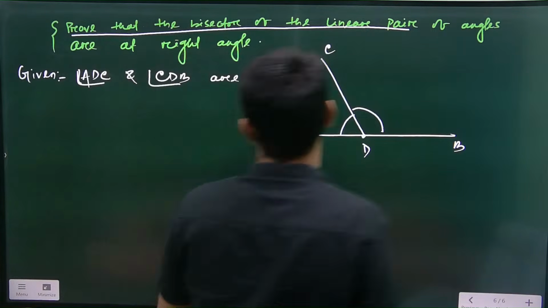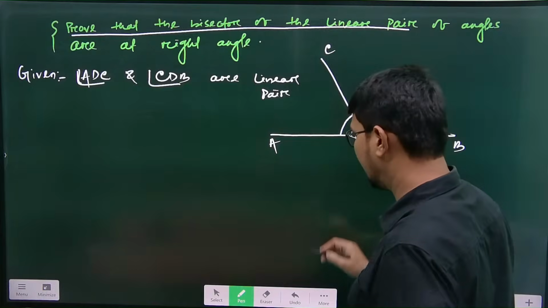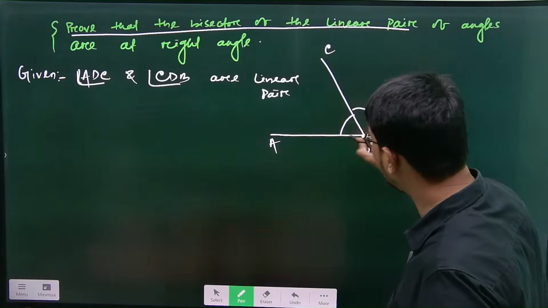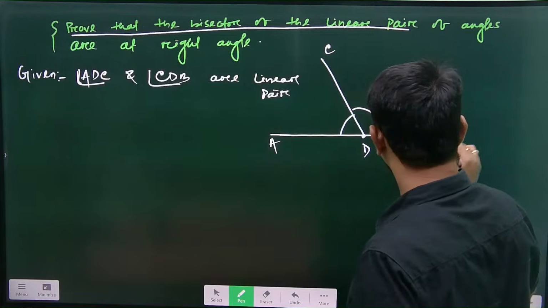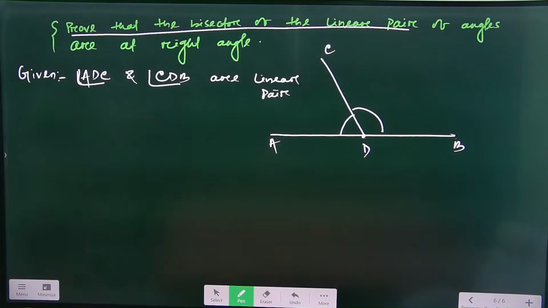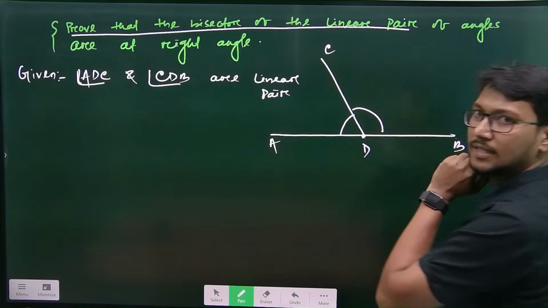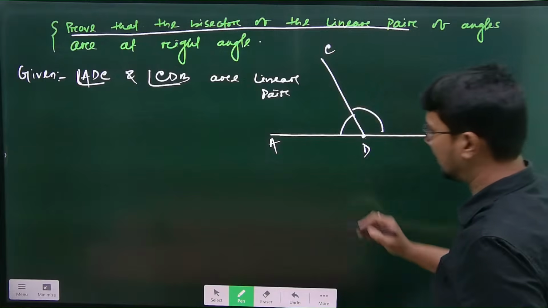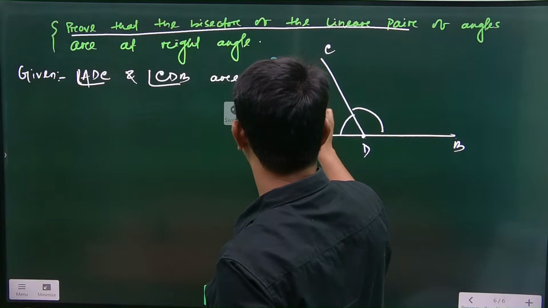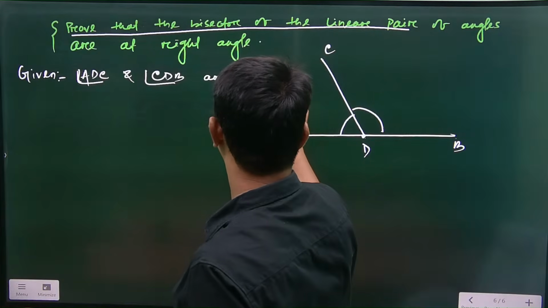Linear pair of angles. The question says prove that the bisector of the linear pair, which means we have to draw the bisectors of these two angles, the ADC bisector and the CDB bisector. Let me draw here. Visible?